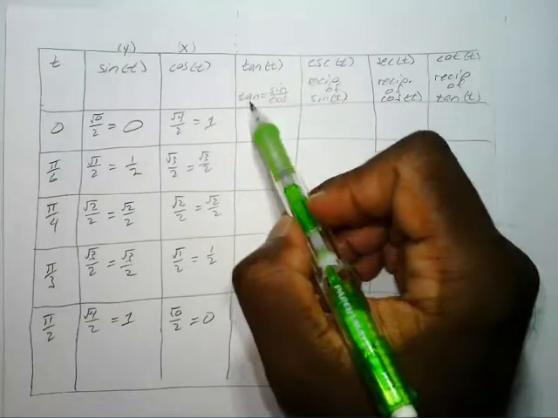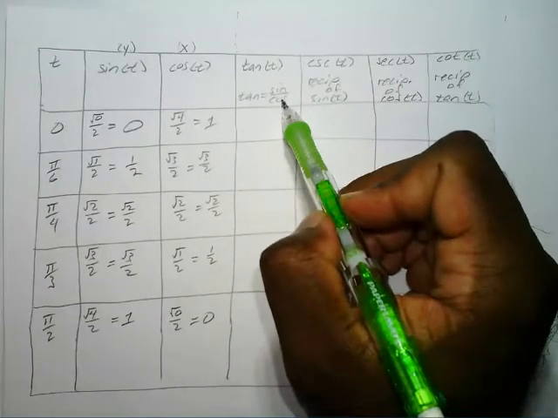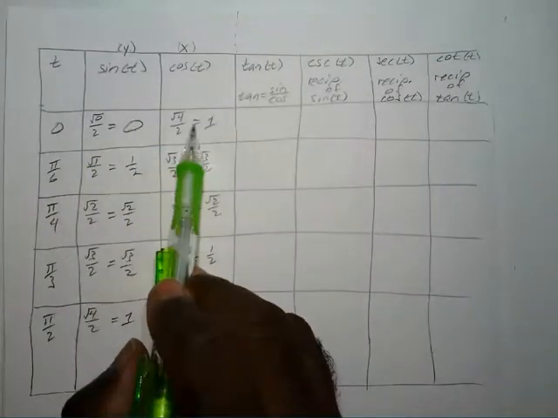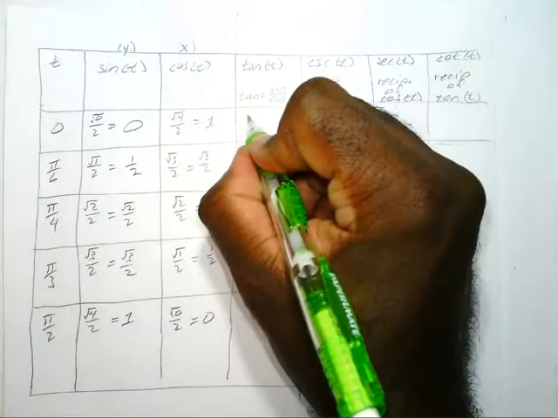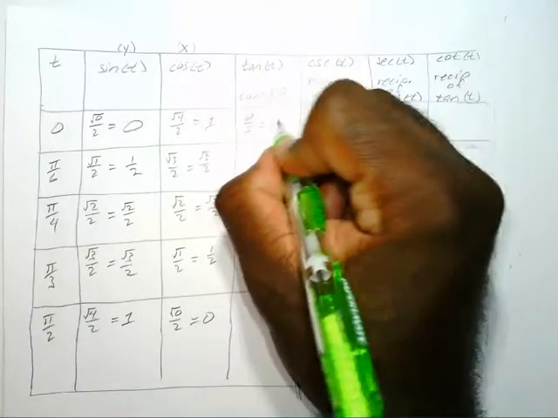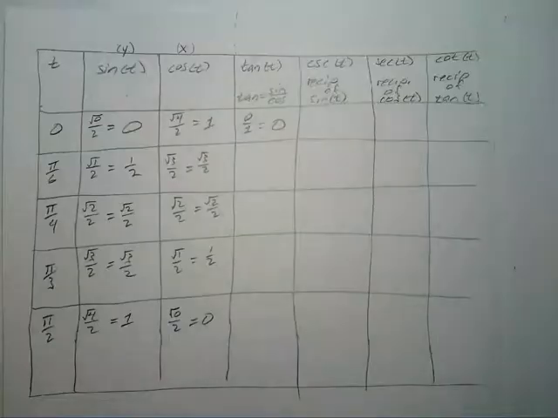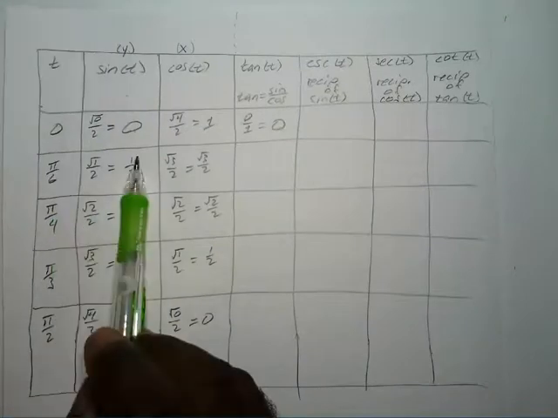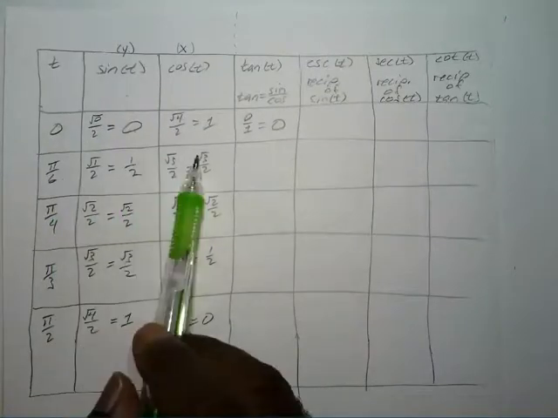Okay? So remember, tangent is just sine over cosine. So tangent of 0 is just 0 over 1, or just 0. So tangent of pi over 6 is 1/2 over square root of 3 over 2.